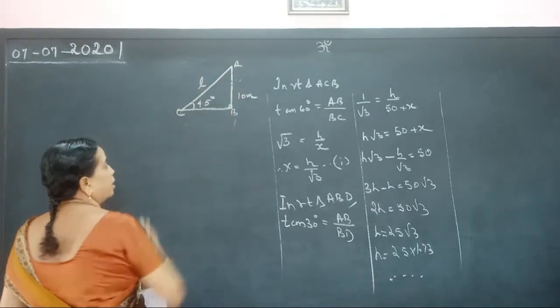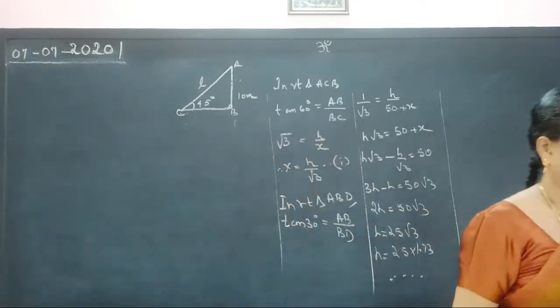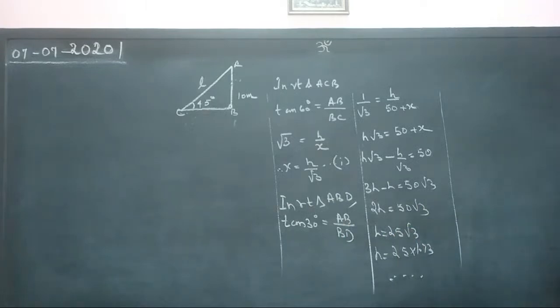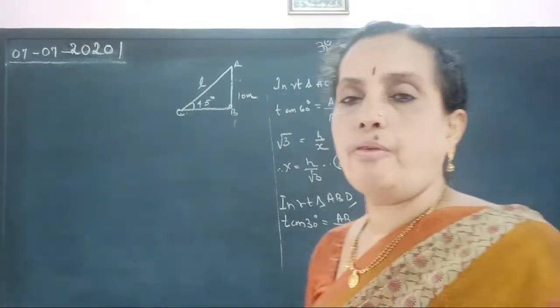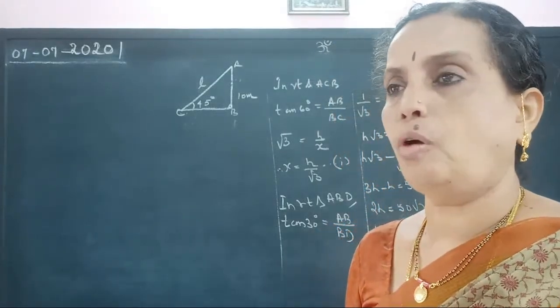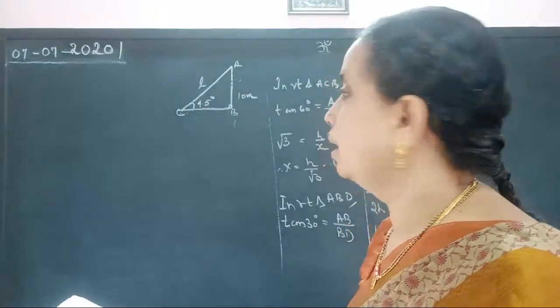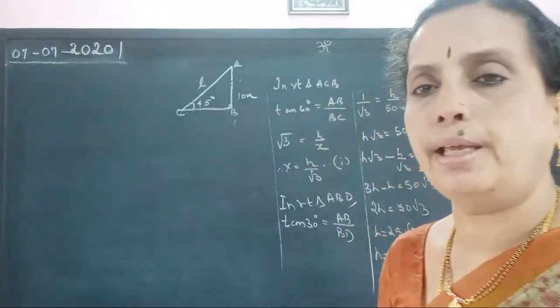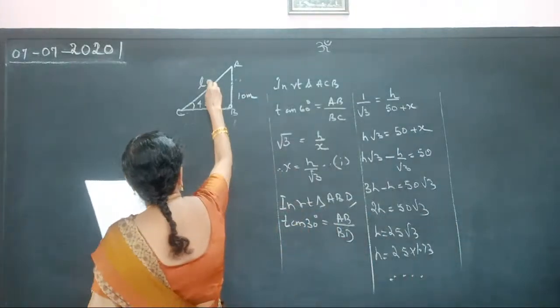Very simple question, MCQ type question. Take the figure, height of the pole 10 meter and it is making 45 degree from the point of observation, where the length of the electric wire tied to keep the electric pole upright is L meter. It is unknown, L meter.